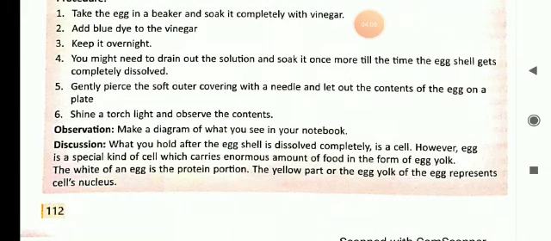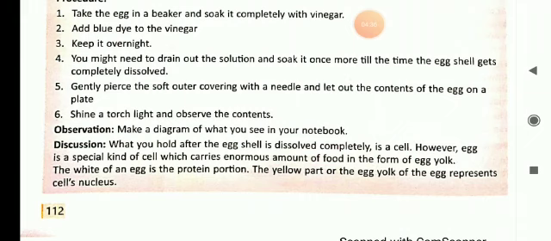When the egg shell has dissolved in the vinegar, then the soft outer covering we can see there. We have to pierce it with a needle and let out the contents of the egg on a plate. After piercing, we will see that the content of the egg will come out. Take it on a plate.